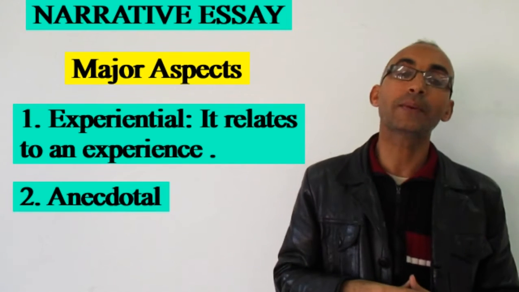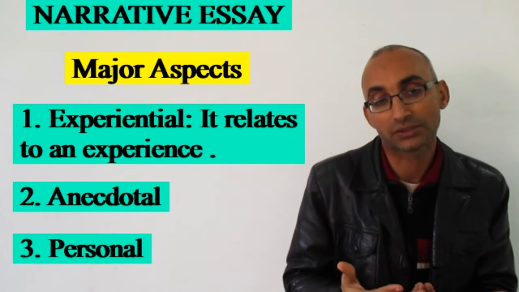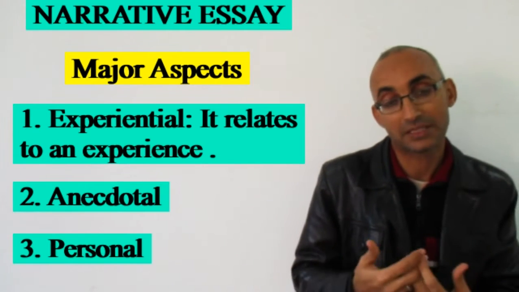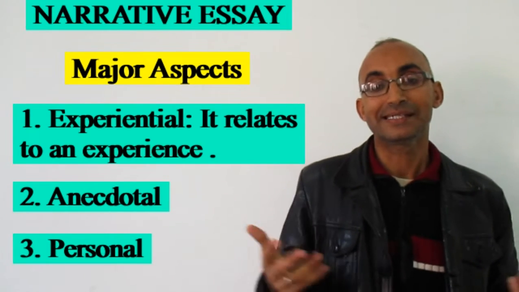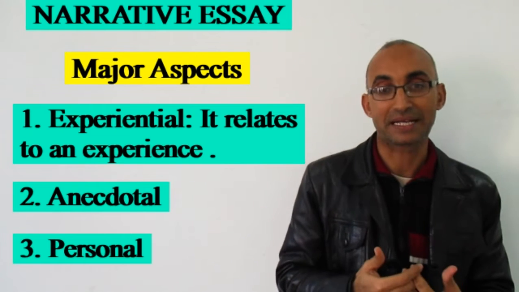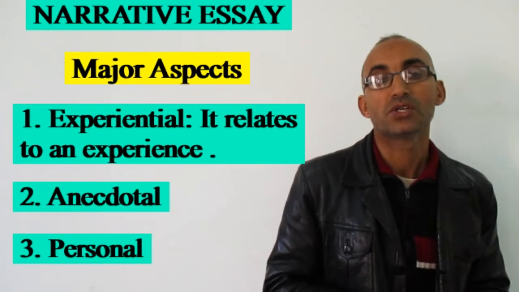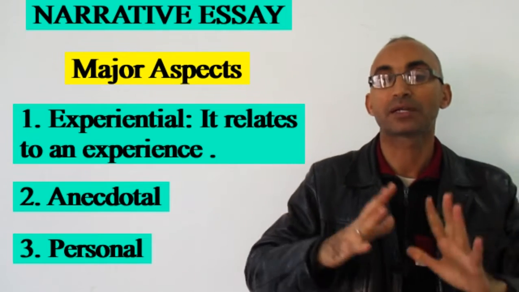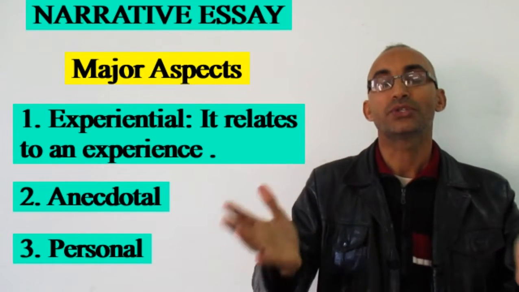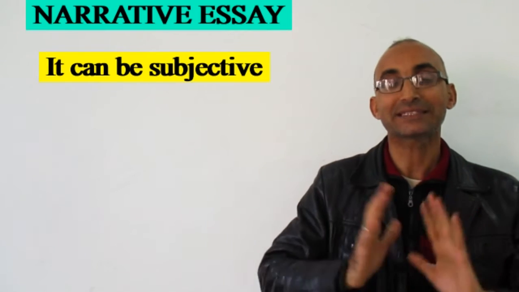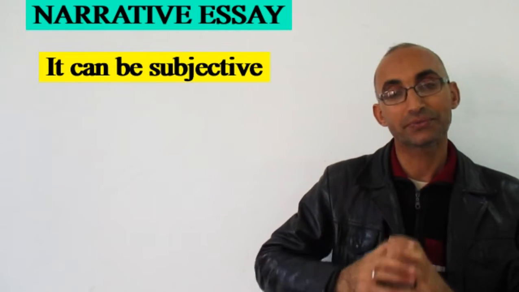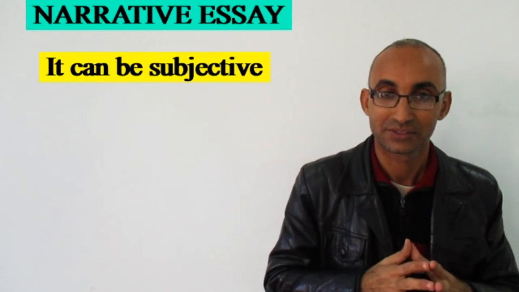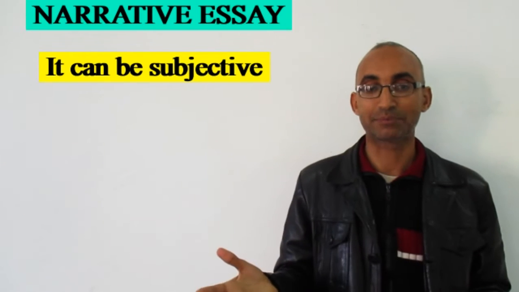Clear? Or also it can be personal. You may also narrate a personal experience about something that happened to you in the past. Clear? In the past. Right. Good. Now, in this type of essays, exceptionally, as a writer, you can be subjective to a very far extent. Right. How? Subjective.